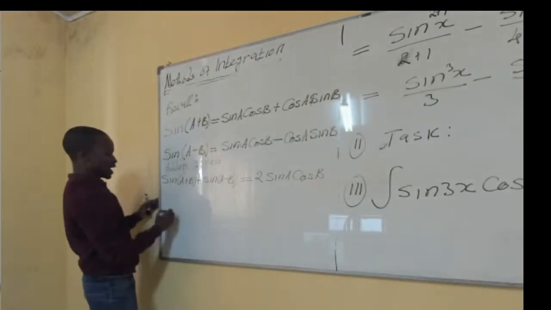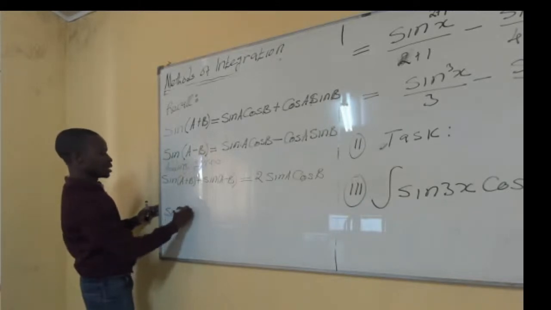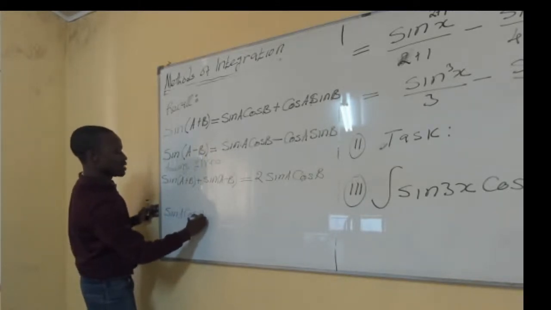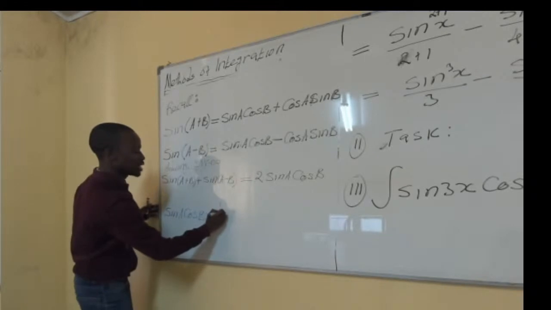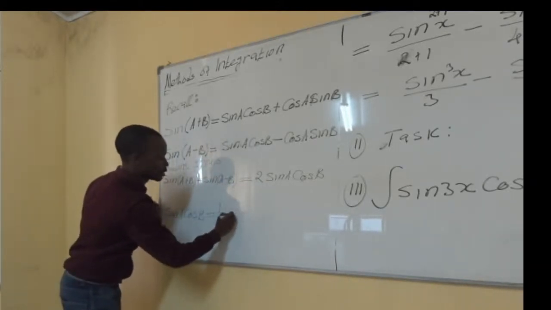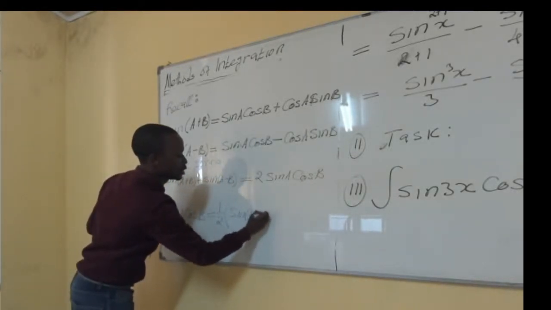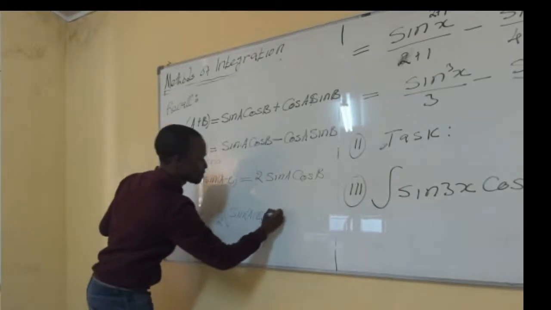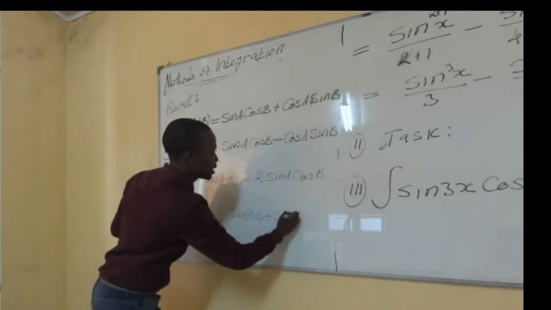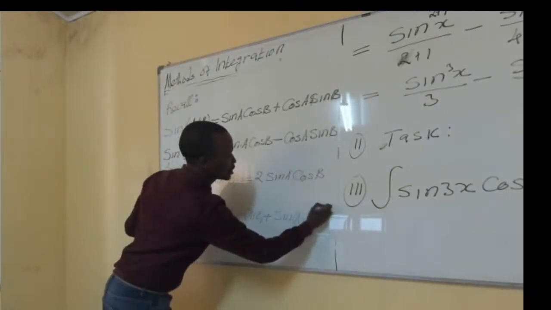Now, if we simplify this, sine A cosine B will be equal to 1 over 2, we divide through by 2, open bracket, sine A plus B plus sine A minus B. So this is what you're going to get.